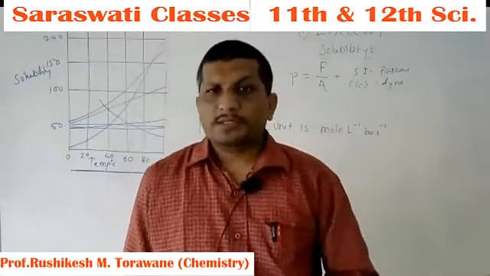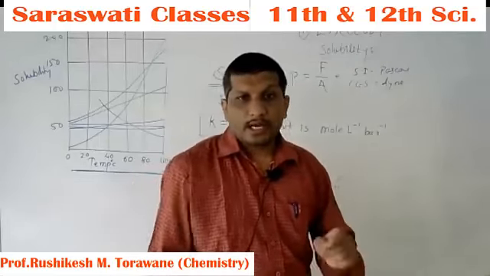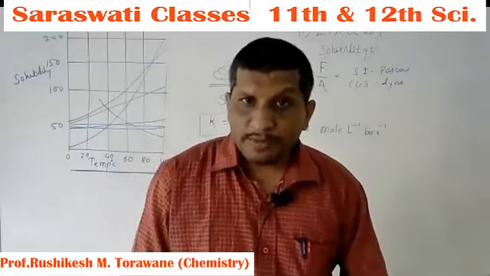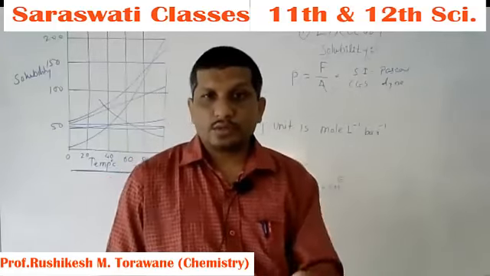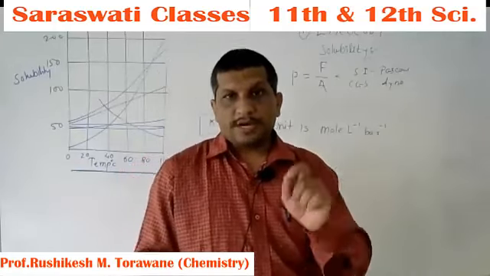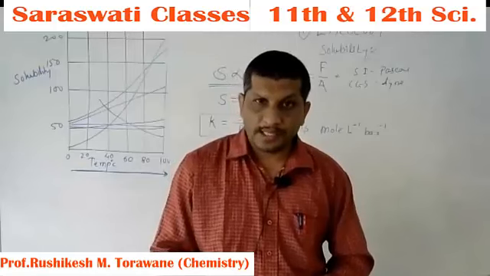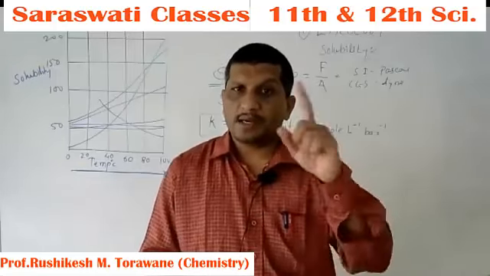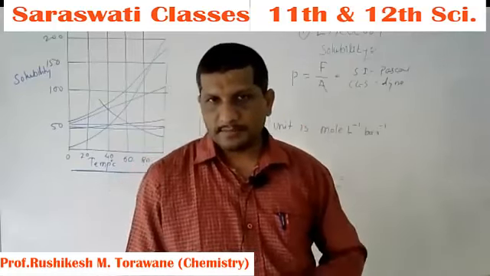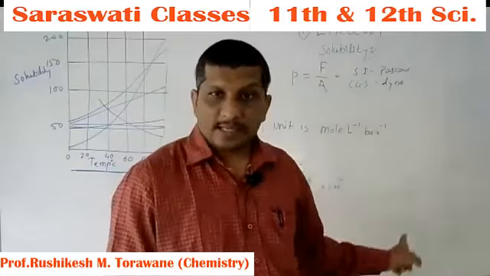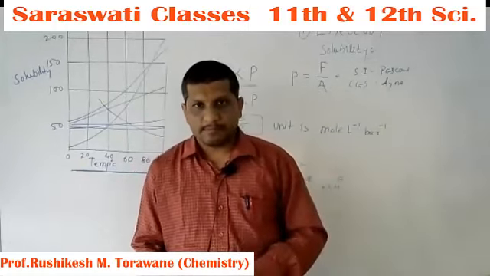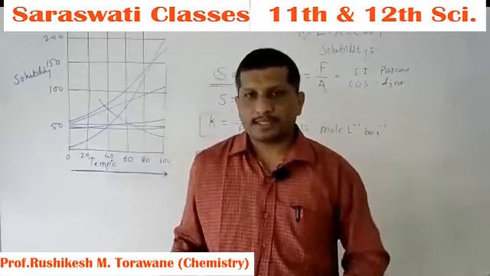All these points are related to Henry's law, because Henry's law says that the solubility of a solute is proportional to the pressure, and hence when you apply a large amount of pressure, the solubility of gases increases. But these examples are exceptions, and hence it is essential to know that it is not applicable to all examples.